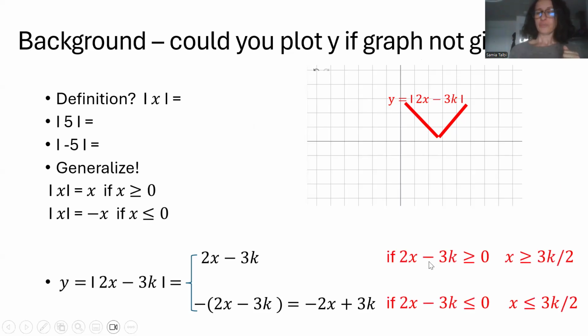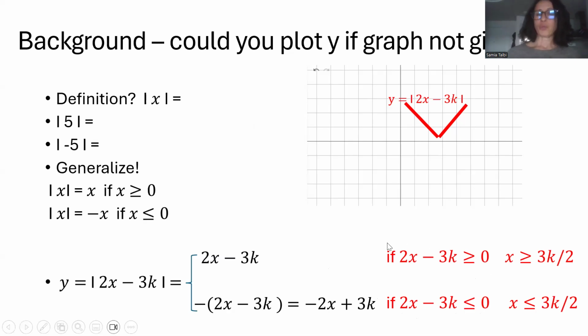So on the domain where 2x is larger than 3k, the difference would be positive, and so this will be the answer for the modulus. And on the range where x is too little, the answer will be minus 2x plus 3k because the argument will simply be negative.